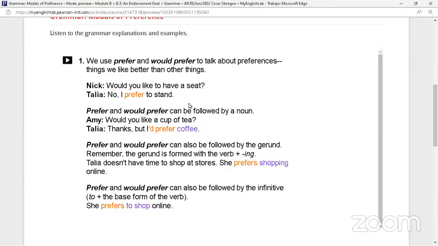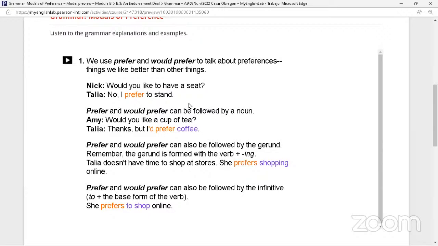Prefer and would prefer can also be followed by the gerund form. Remember, the gerund is formed with the verb plus ing. Talia doesn't have time to shop at stores. She prefers shopping. She prefers to shop. Prefer and would prefer can also be followed by the infinitive, to plus the base form of the verb. She prefers to shop online.